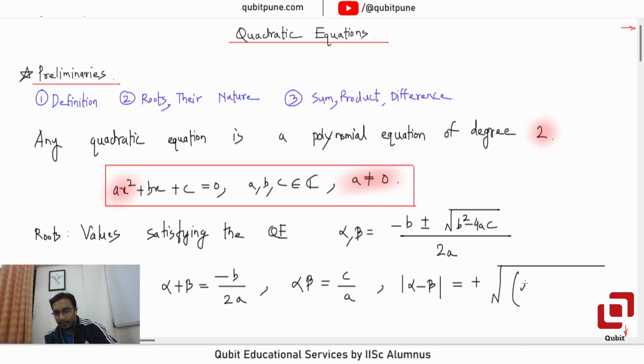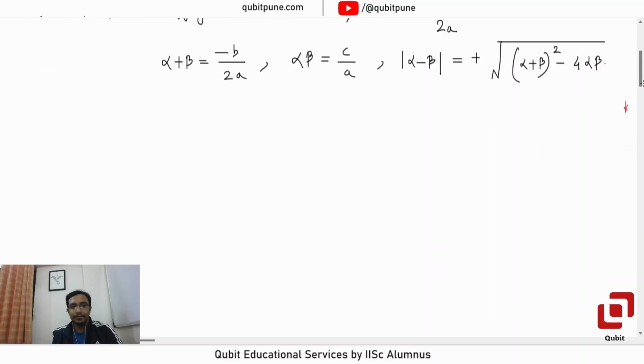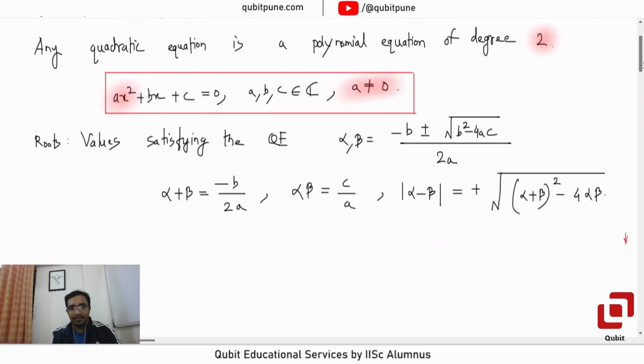Okay, so it will be plus root of alpha plus beta bracket squared minus 4 alpha beta. So you can just remember this. You already know the sum and the product formula of a quadratic equation's roots, so alpha minus beta, the difference, can be very easily found out. Okay. Yes.